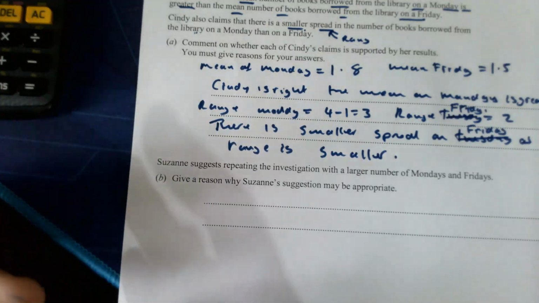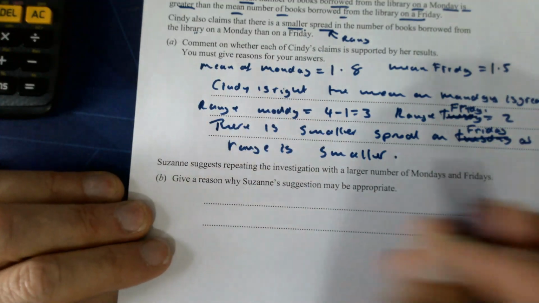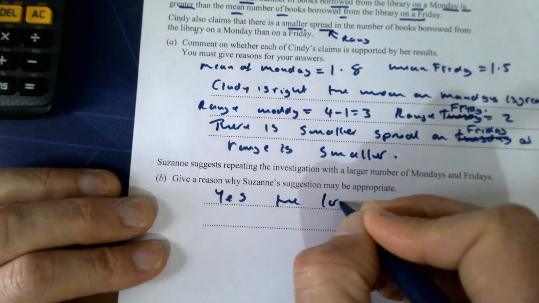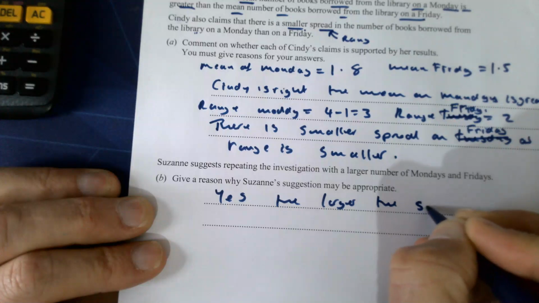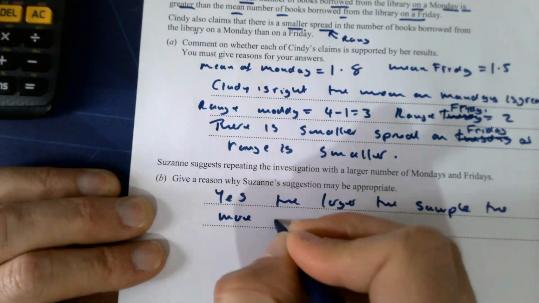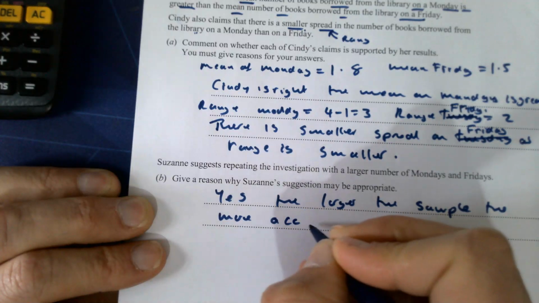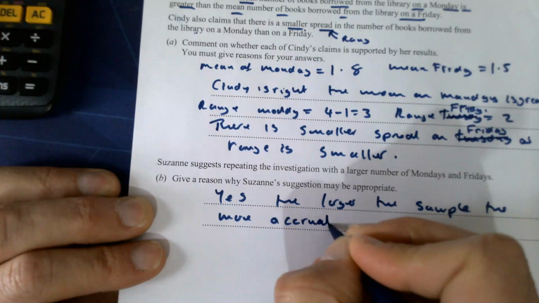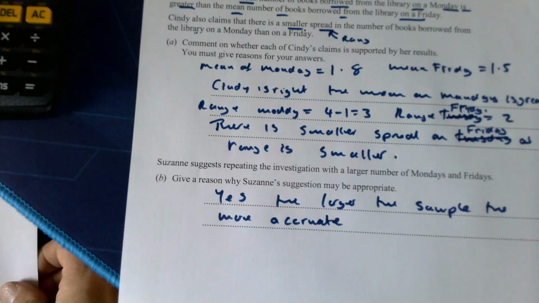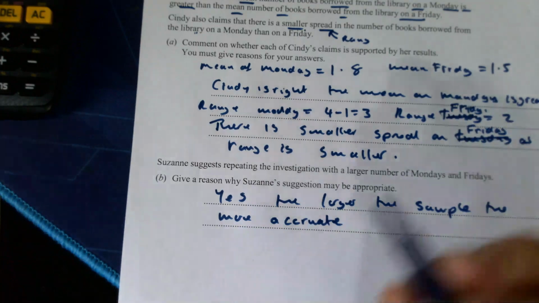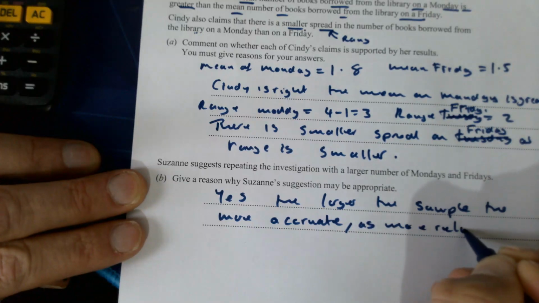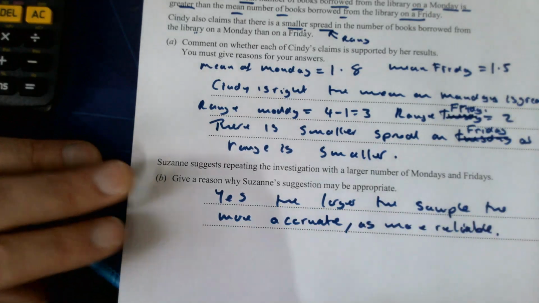Some days people turn up and some days they don't. Yes, I'm just going to write yes. The larger the sample size, the more accurate, as it's more reliable. I'm going to put that in because I want to make sure I get the marks.